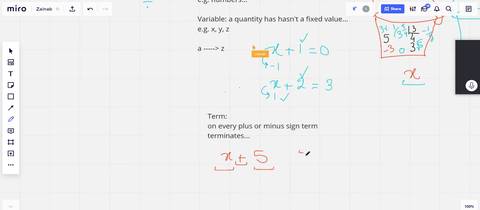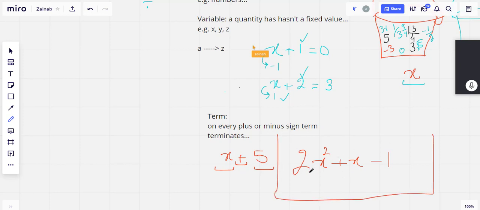Let's look at another example. Let's say now we have 2x squared plus x minus 1. Go ahead, now you tell me, how many terms do we have in this expression? We have 1, 2, 3, 4. We have 5.